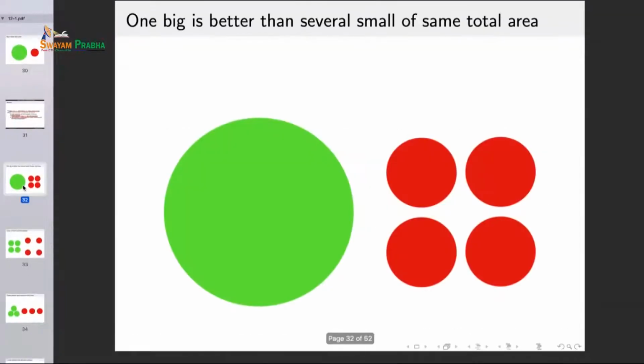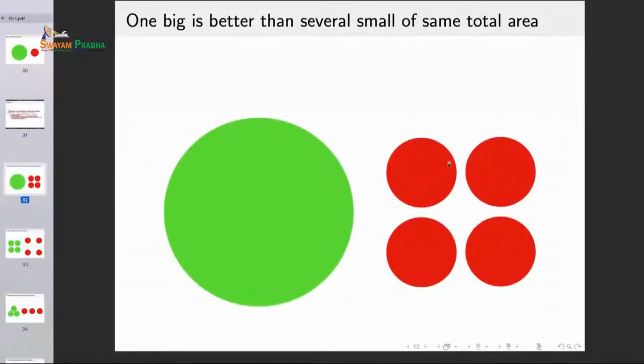Another principle is that one big is better than several small of the same total area, which means that if you have an option of making one big reserve or four smaller reserves or five smaller reserves, and the total area is the same in both the cases, you should probably go for the larger sized one, not a number of smaller ones. Why?